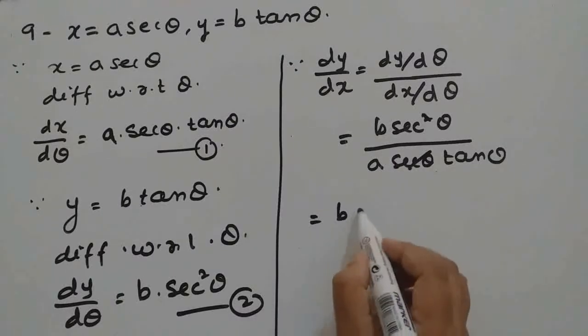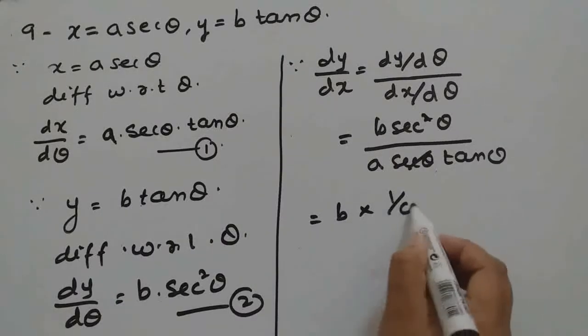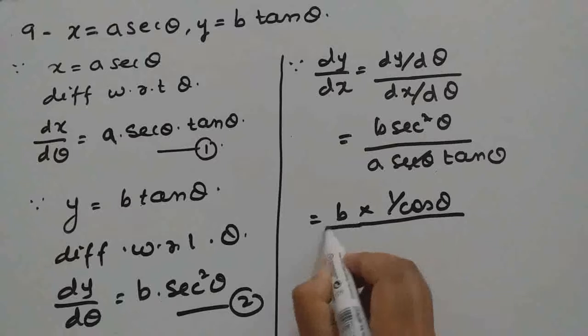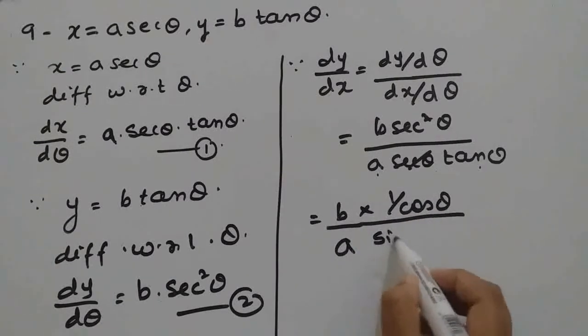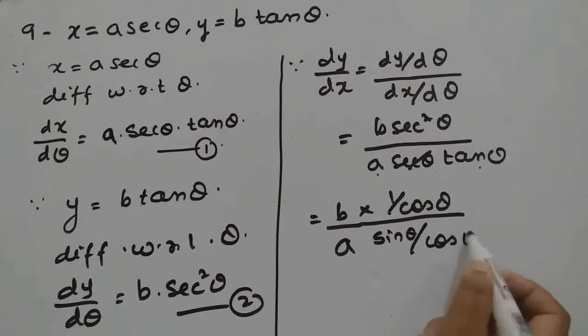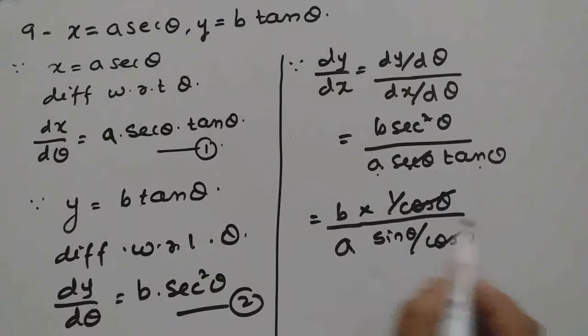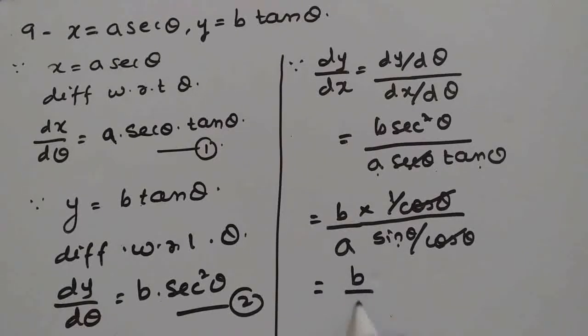So b sec theta, we can write 1 by cos theta. A in the denominator, a will be there, tan theta means sin by cos. So again cos will also go. That means 1 by sin only. So we can write b by a and in the numerator we can write cosec theta. This is dy by dx.